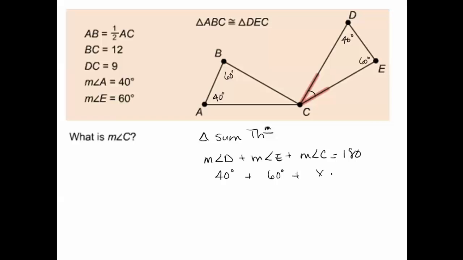I'm going to put an X in there for C. So I get 100 plus X equals 180. Subtract 100 from both sides, and I get 80. Now you probably could have done some mental math and figured that one out pretty easy. So the measure of angle C is 80 degrees.